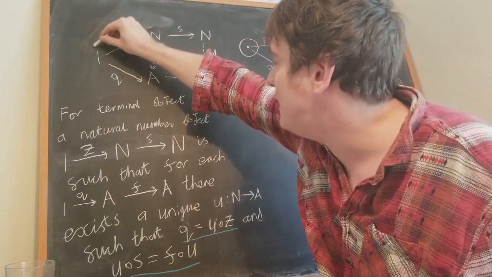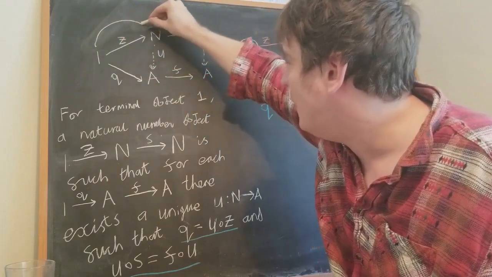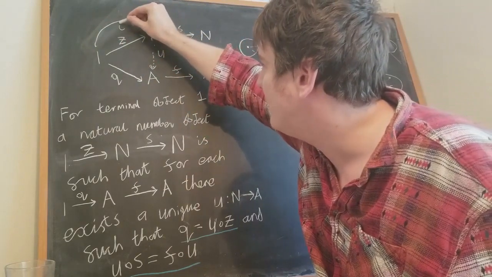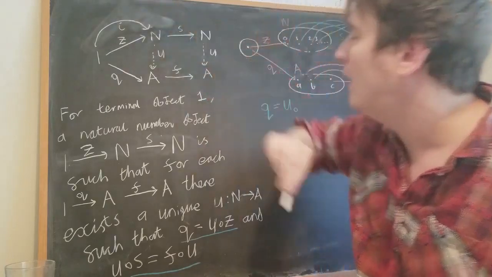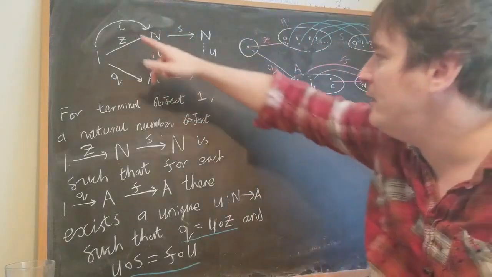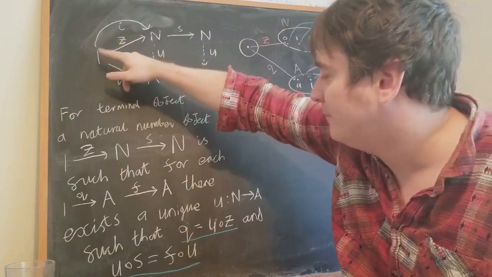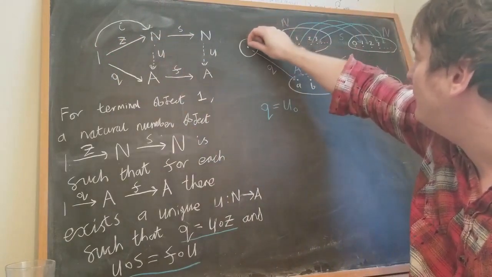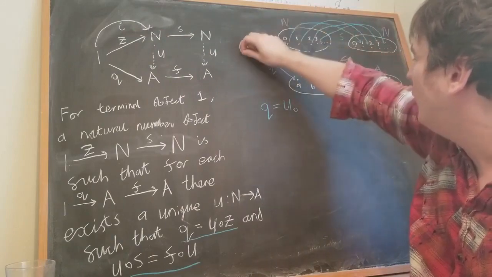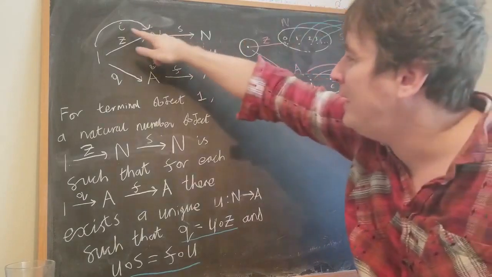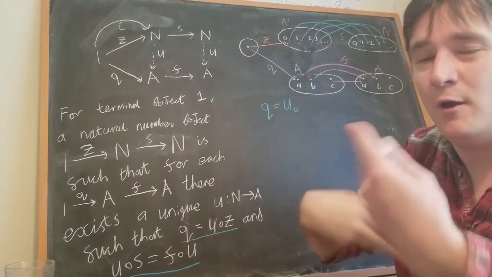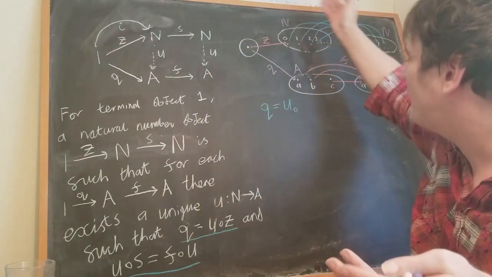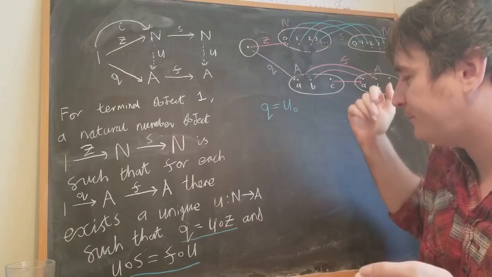So let's simulate a generic input here. A generic input can be represented as an arrow from the terminal object into n. So it might be going from a terminal object into 2 or into 3. So this I here represents a kind of number which we are picking from this set of natural numbers.